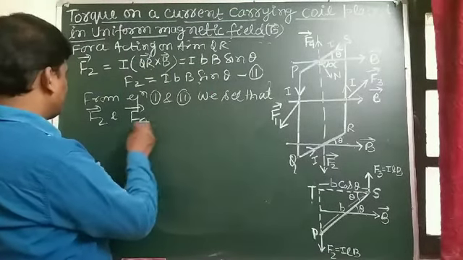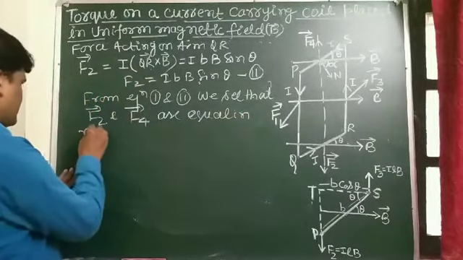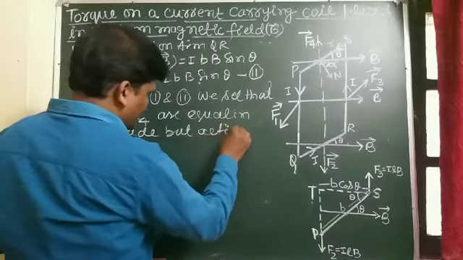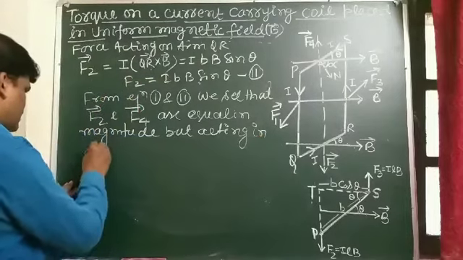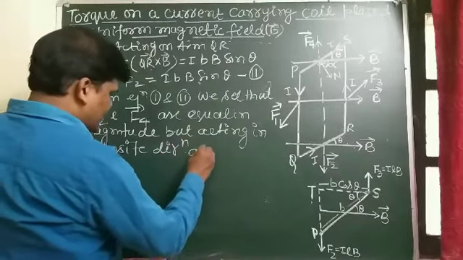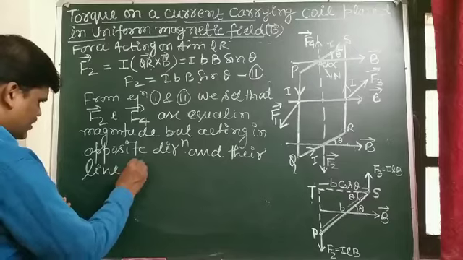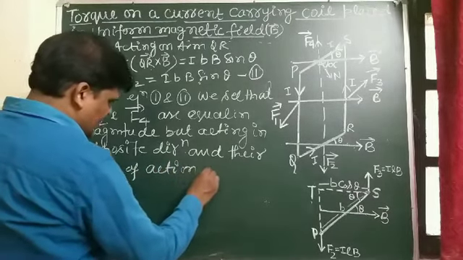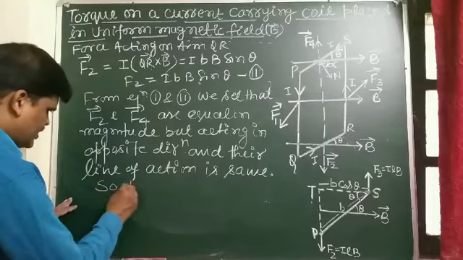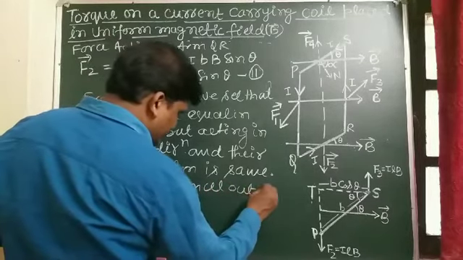So from equation 1 and 2 we see that F2 and F4 are equal in magnitude but acting in opposite direction and their line of action is same, so they cancel out each other.